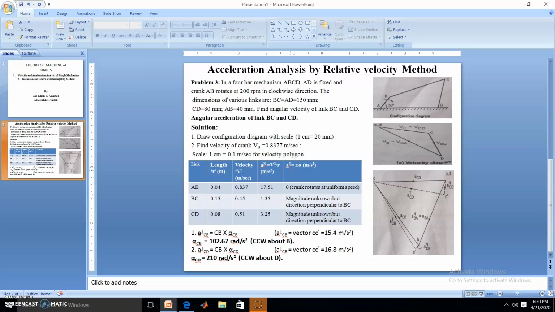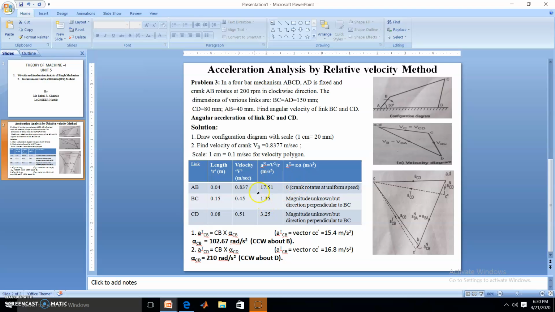Whatever links are involved in the problem, I have noted here link AB, BC, CD, and the different lengths of the links are given. Accordingly, the velocity I know from the velocity polygon, and the magnitude of the normal component for those links we can easily find out.